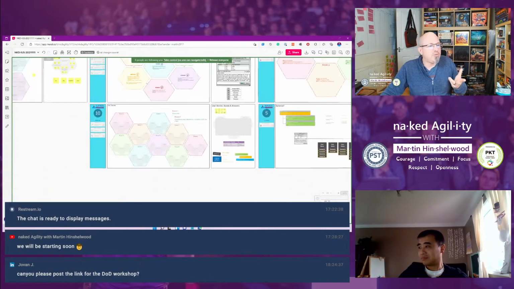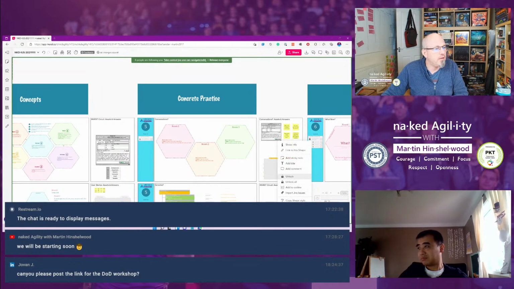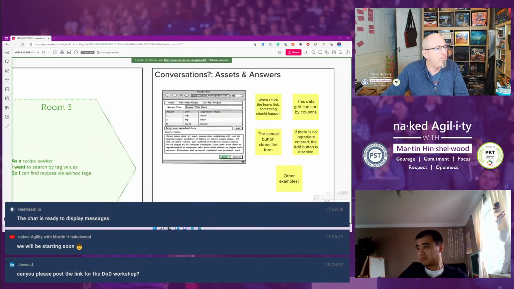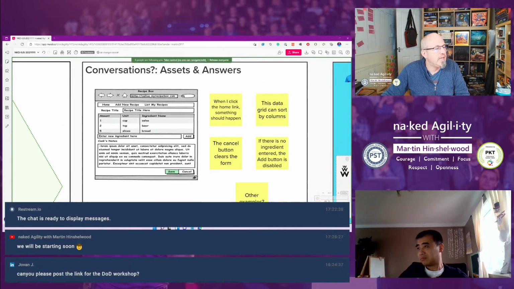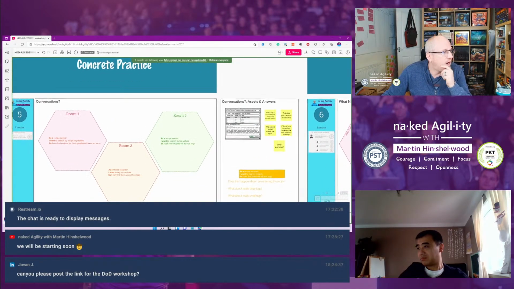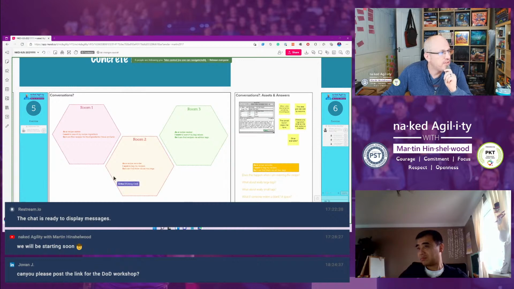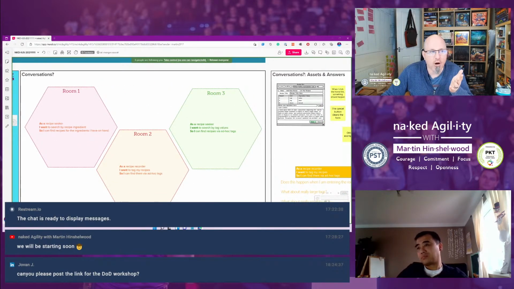So that's just part of a user story. Do I have the other thing that I wanted? It's maybe not in here. Let me pop over here. Yeah. So we start off with our user stories. There's the 3 user stories that we had, and then we start to have conversations.